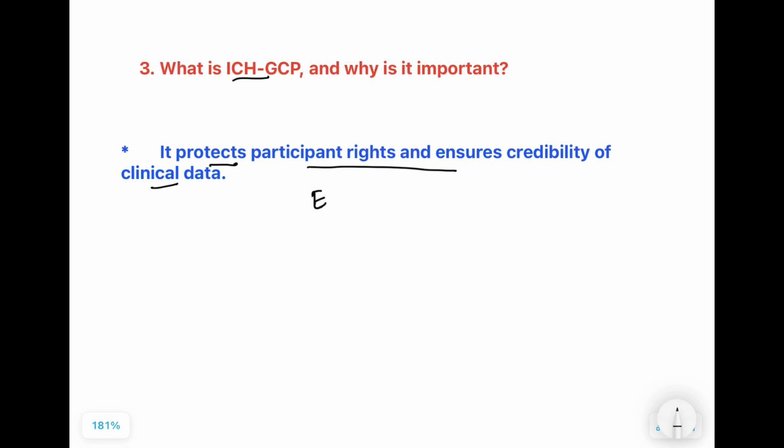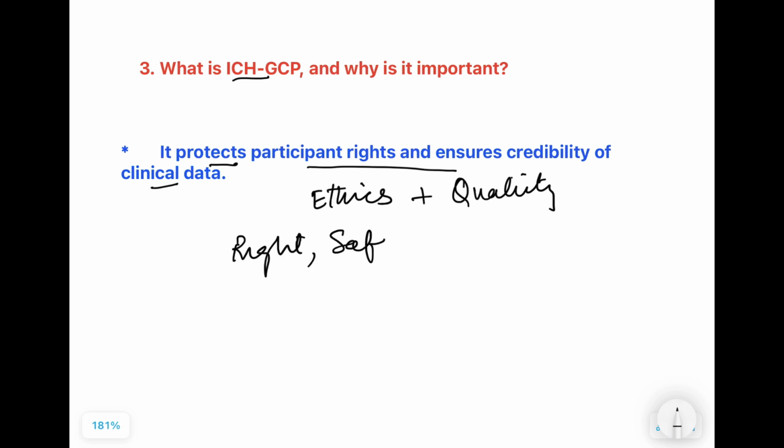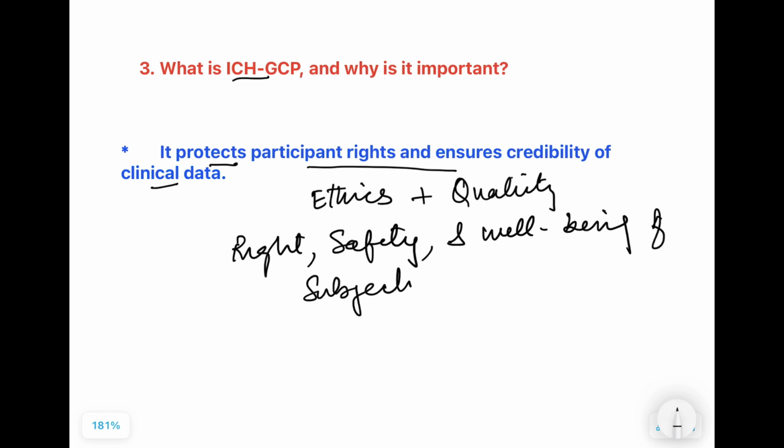So basically these ensure ethics plus quality data, that's GCP. They are there to protect the rights, safety and well-being of the subject. So at least say this much.